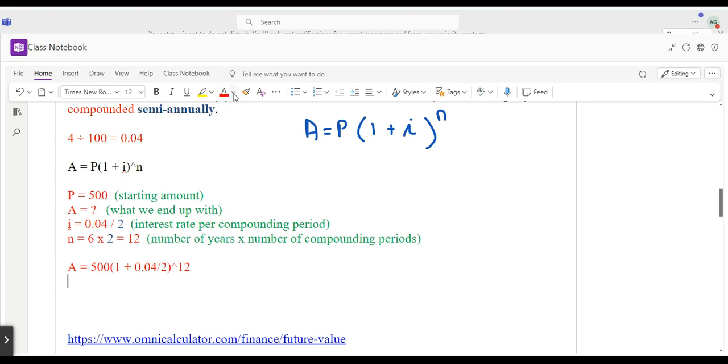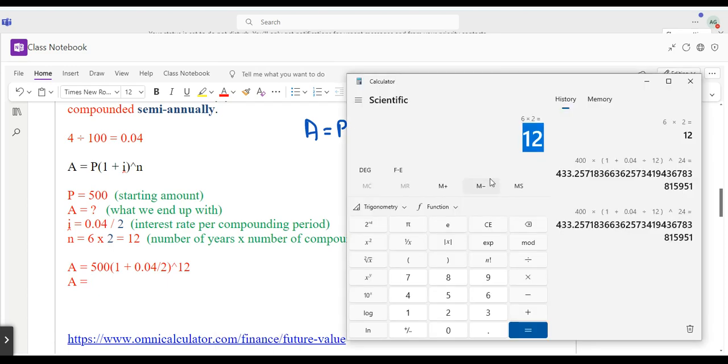Okay. And again, I do encourage you at this point to try this out on your own to make sure you get the same thing I will. So again, I'm going to just copy down exactly what I've written here into my calculator. 500 bracket 1 plus 0.04 divided by 2, close the bracket, xy 12.